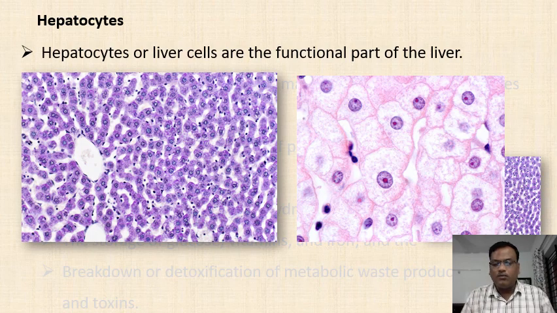So a lot of biochemical activities happen inside the cell, and therefore as a source of energy they need a lot of ATP, and therefore we find a very high number of mitochondria in the liver cells. So the presence of more mitochondria is an indication of the activeness of the cells.